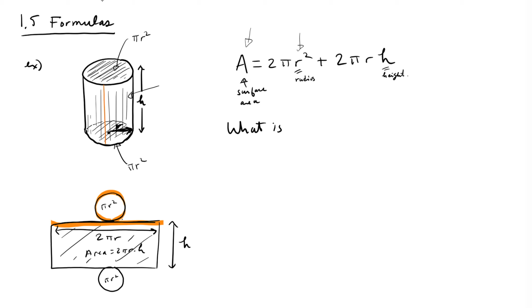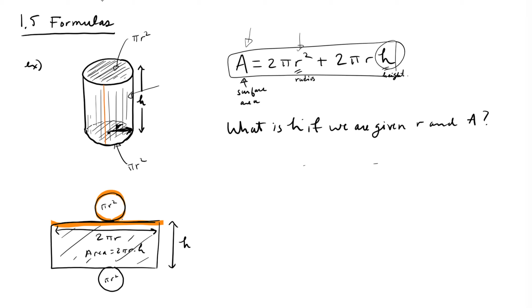What is h if we are given r and a? So what I'd like to have is a formula for h instead, h equal to some expression involving r and a. And how do I do this? Well, all I have to do is play with this equation here and solve for h.